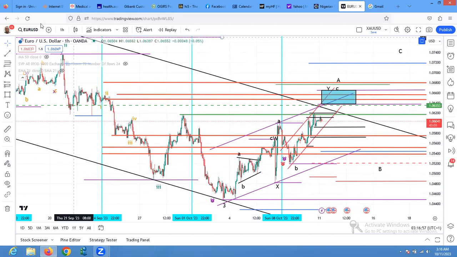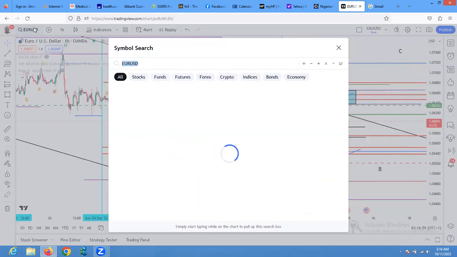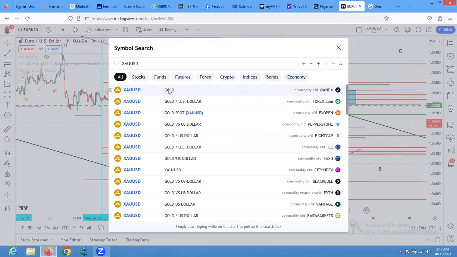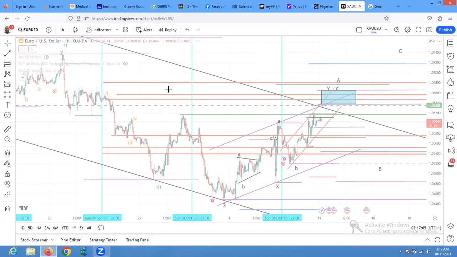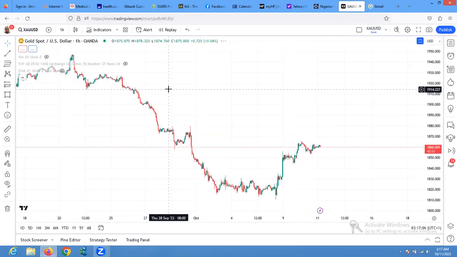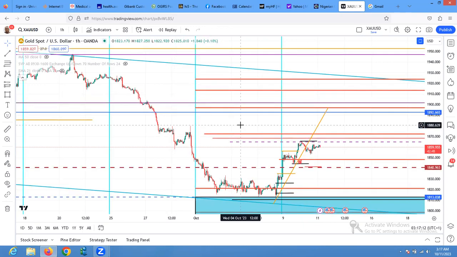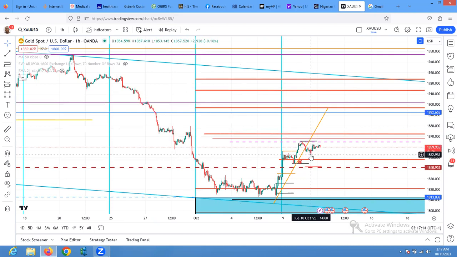Let's look at gold, where gold is. This is spending a whole lot of time here.